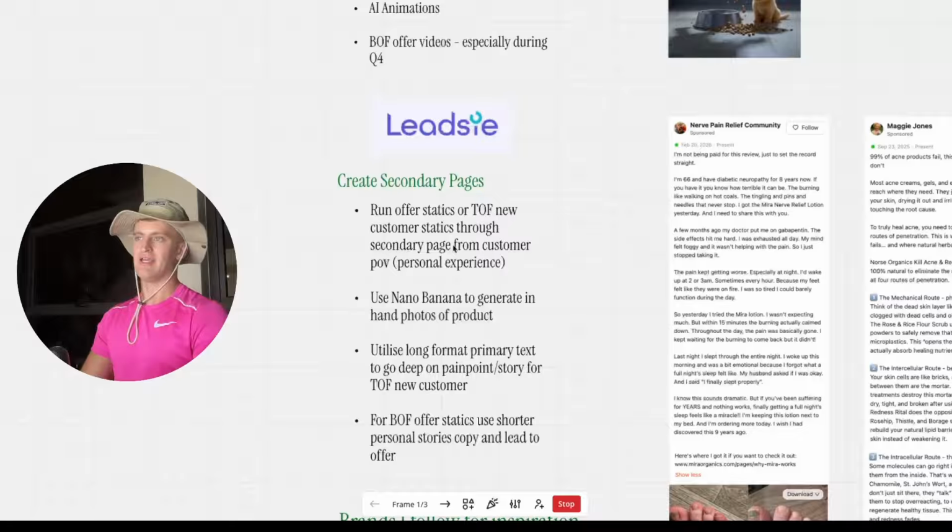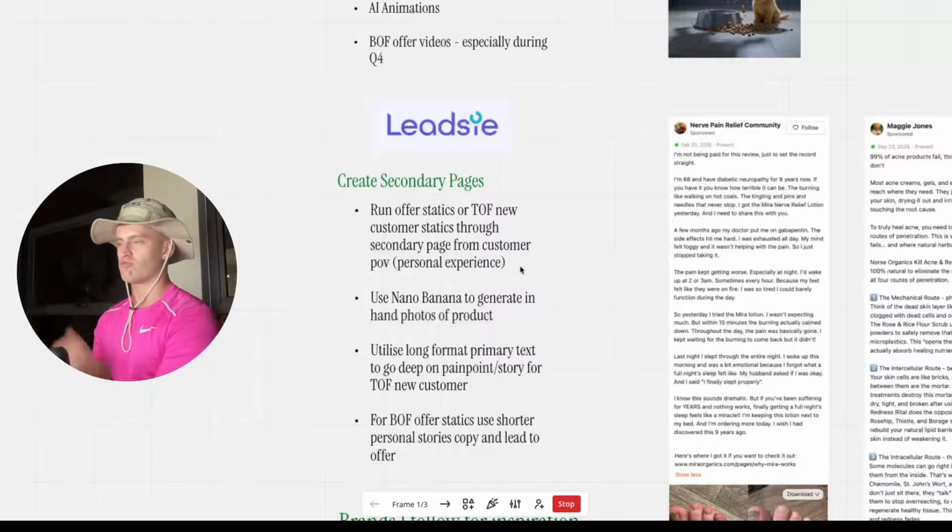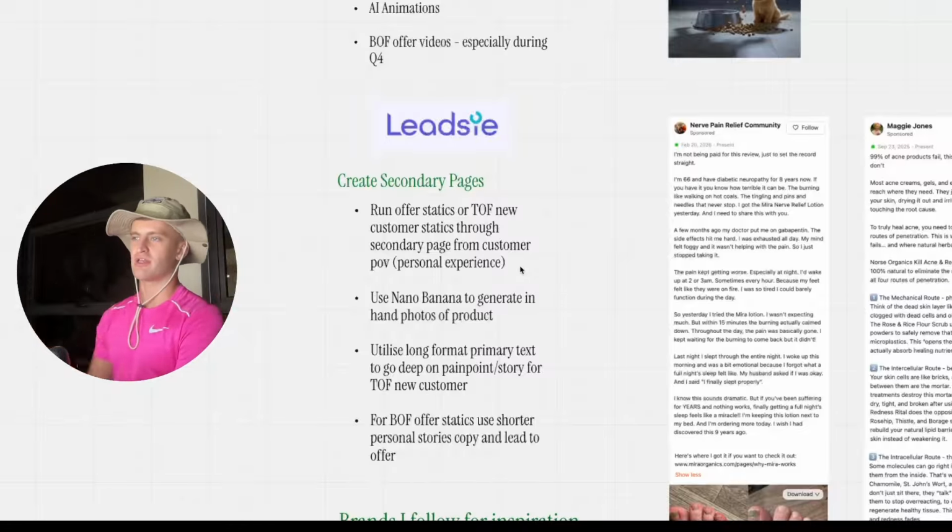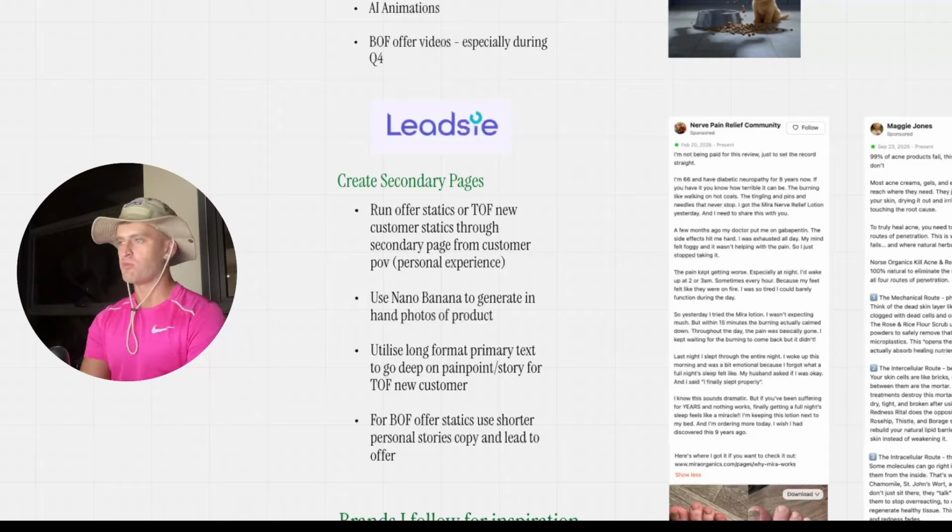We also did secondary pages, which we ran offer statics through. So if we had a product that was related to joint pain, we would maybe create a secondary page. You've probably seen these before, a lot of people are doing them. So health pages or doctor pages, health tips, all this sort of thing. We would create a Facebook page and run these offer statics through them.